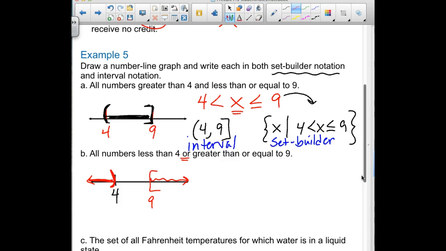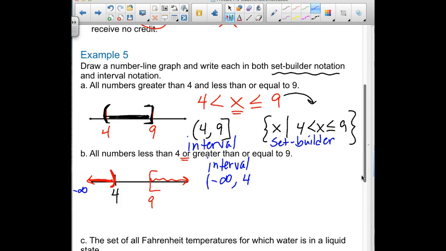In terms of our interval notation, we're going to have to break this into two parts because there is a break in the part of our number line that we've shaded. So for the part on the left, we are starting here at negative infinity, and we are going up to 4.